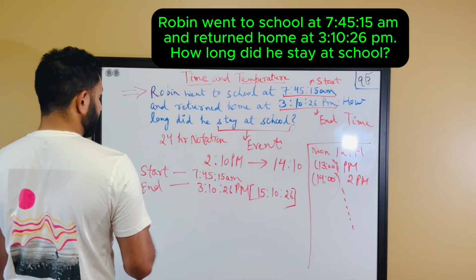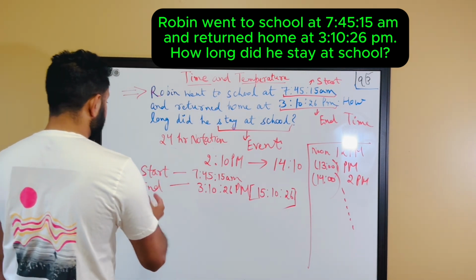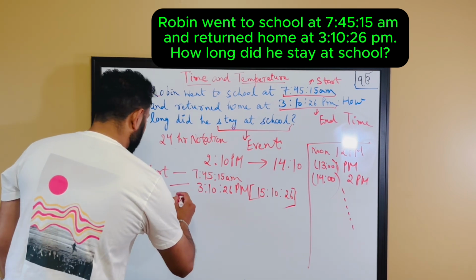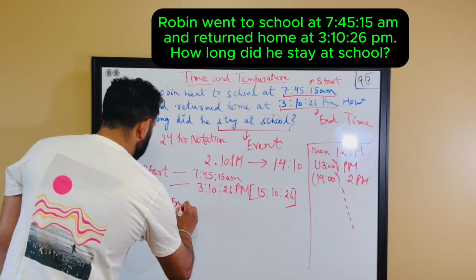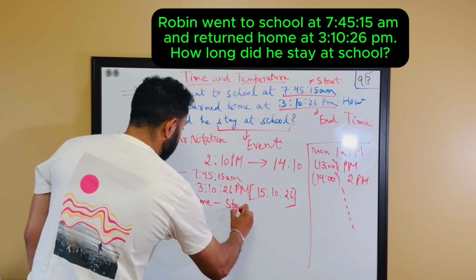As we know, the formula for the time elapsed is end time minus start time. So end time minus start time.